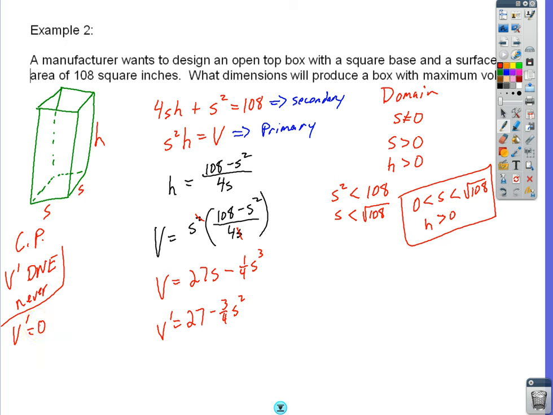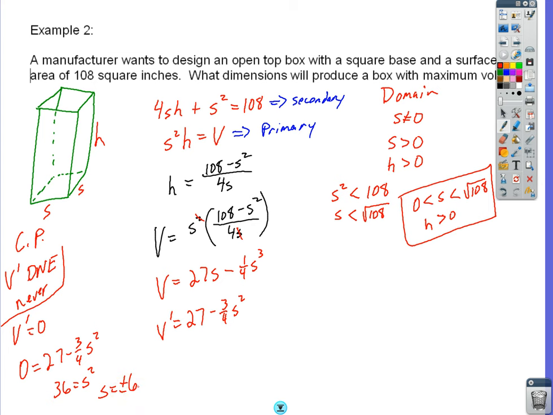Well, v prime equals 0 when 27 minus 3/4 s squared is equal to 0. I solve for that: subtract 27, divide by negative 3/4. And what I get is 36 is equal to s squared, and s is equal to plus or minus 6.